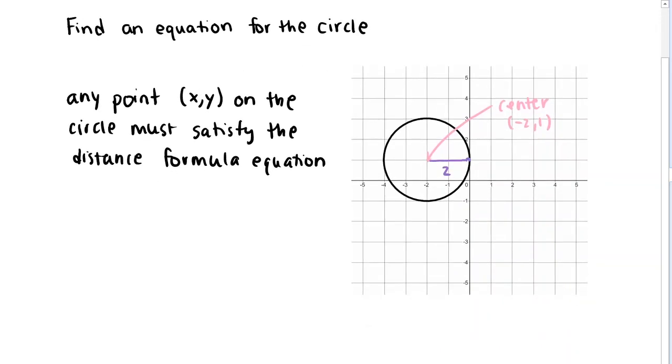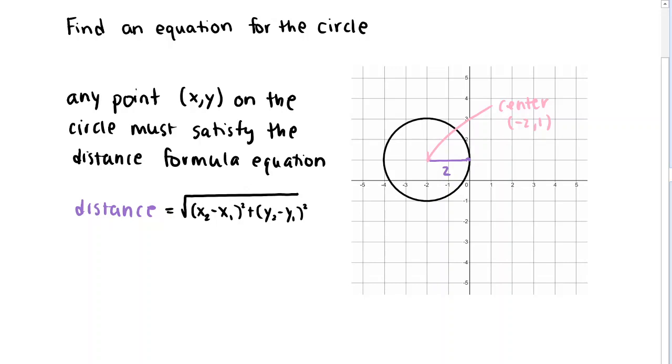Recall that the distance formula is a variation of the Pythagorean theorem. If I have 2 points, x1, y1, and x2, y2, then the distance is the square root of (x2 minus x1) squared plus (y2 minus y1) squared.